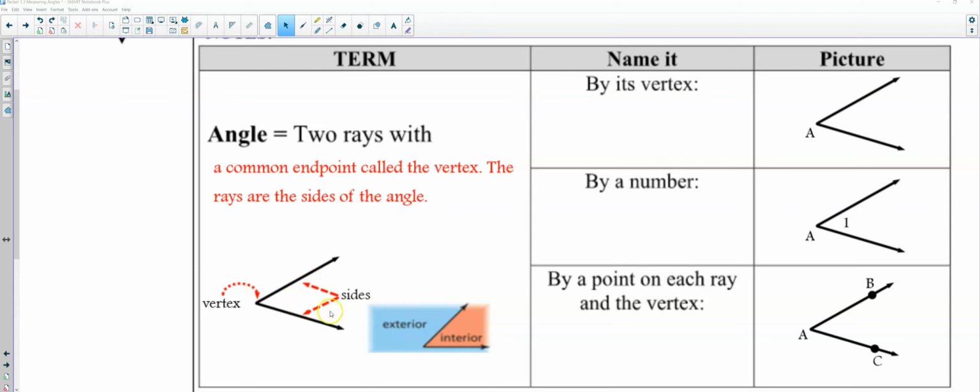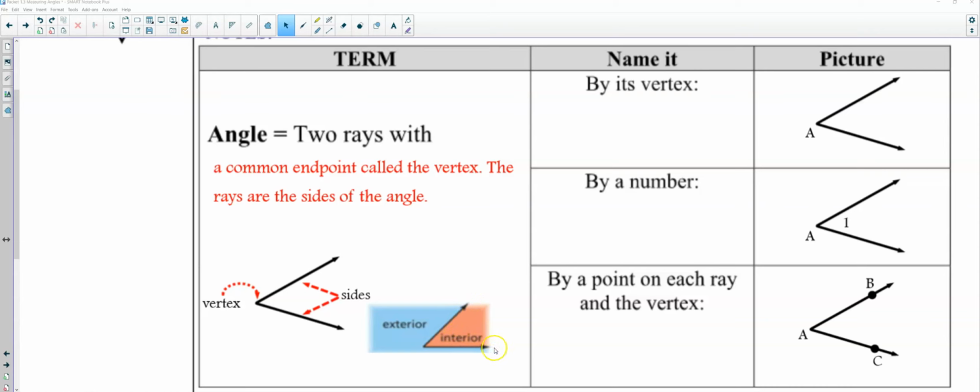The sides are rays. Notice the angle has an interior part, it has an exterior part, and then the angle itself, which is made up by the rays and the common endpoint known as the vertex. Okay, so remember that. If there is a point up here, this point would be in the interior of this angle right over here, because remember, the rays go on forever.